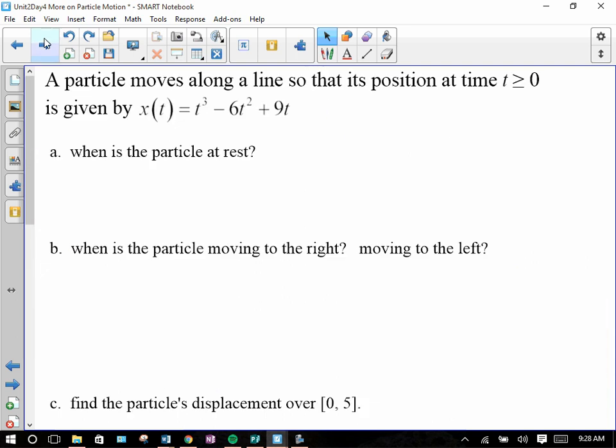So, let's look at a problem. I want you to write down this problem so you have this example. This is going to be a lot of what your homework is like tonight, this type of problem.